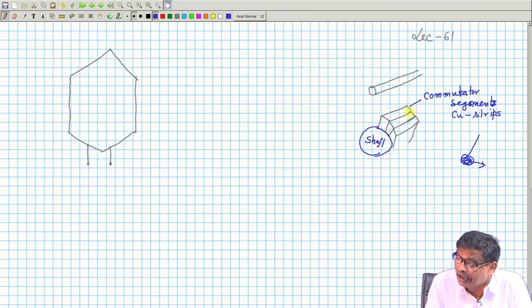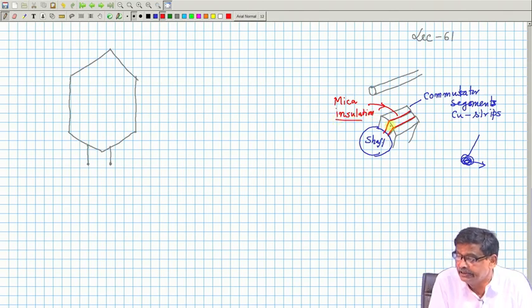Therefore, with a different color I will show: the red portions are called mica insulations. So that each segment has its own electrical identity. It is not sharing anything with the adjacent commutator segment. They are insulated from each other.